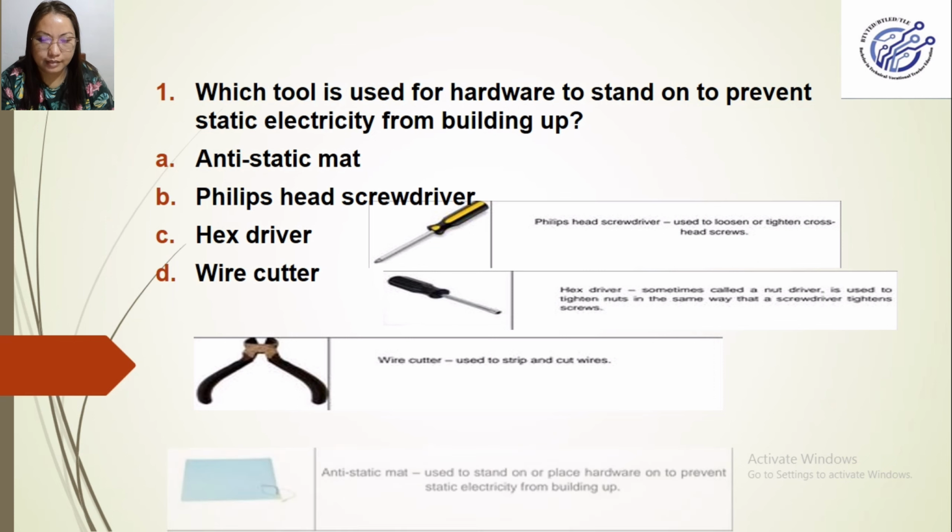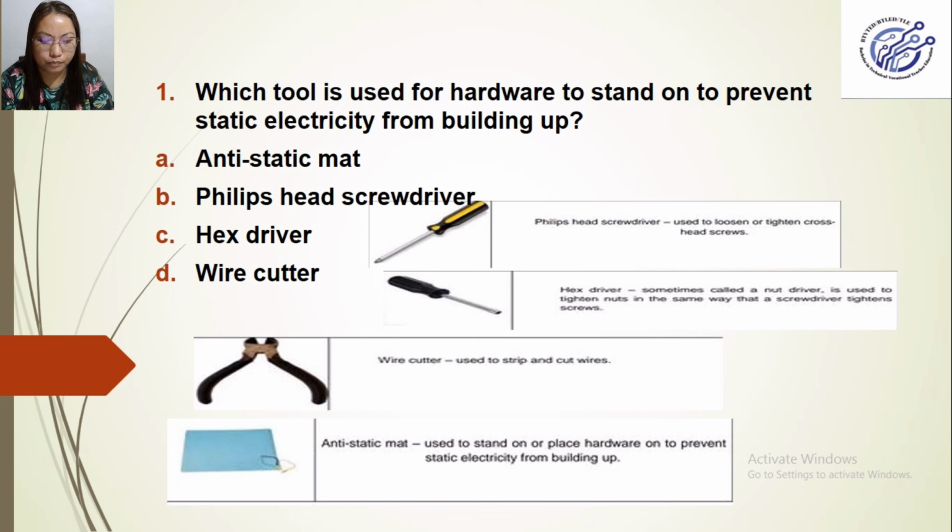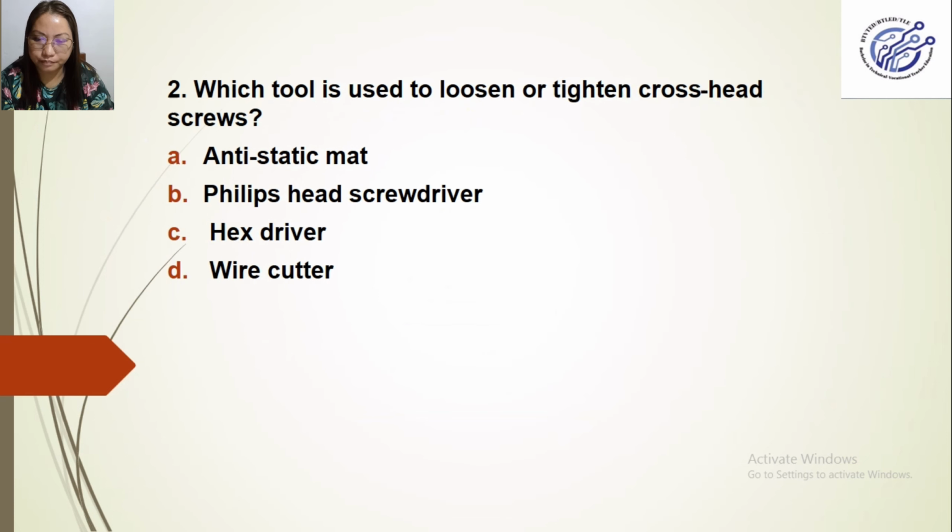Itong si anti-static mat, siya naman po yung ginagamit, verbatim siya sa ating question, to stand on or place hardware on to prevent static electricity from building up. So sa ating question number 1, ang ating sagot ay letter A, anti-static mat.